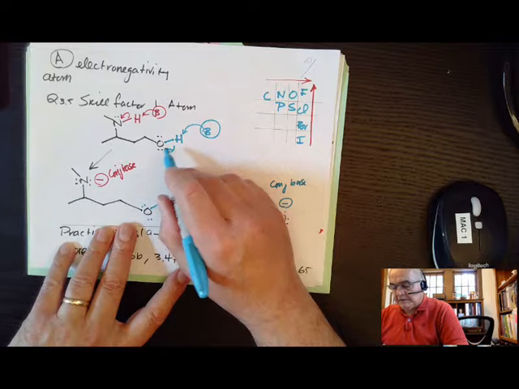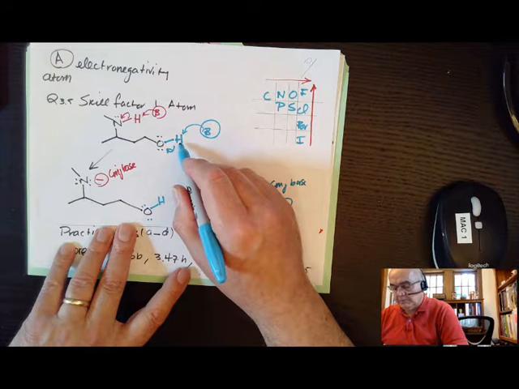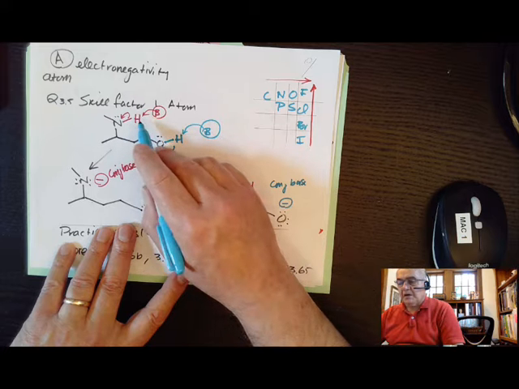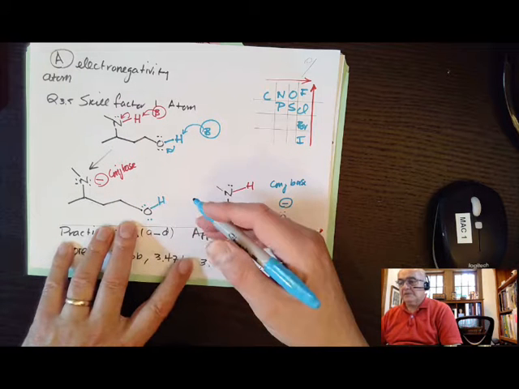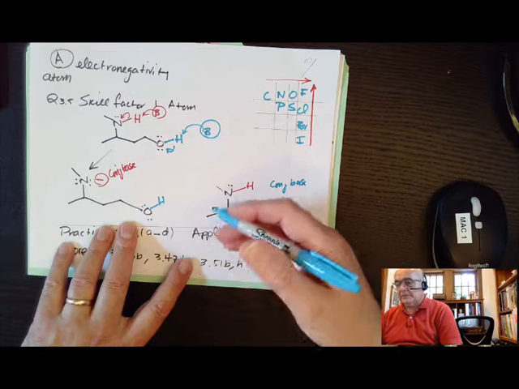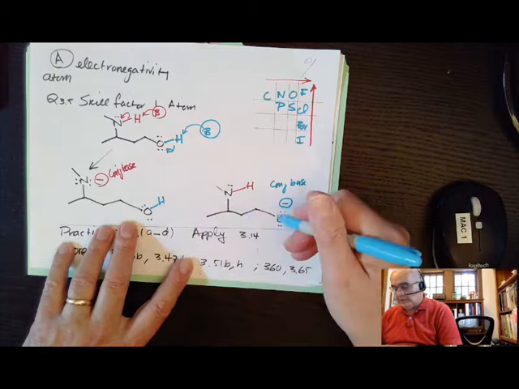So it makes this proton, the blue one, a little bit stronger acid than the red one, because the conjugate base that it makes is more stable. And we attribute that to the electronegativity of oxygen versus nitrogen.